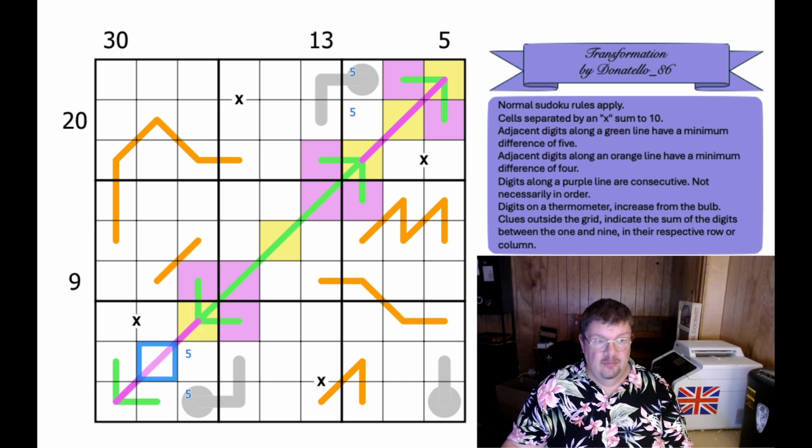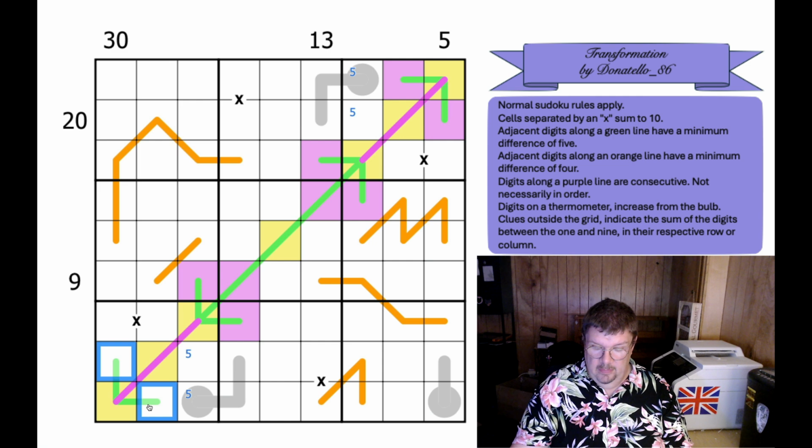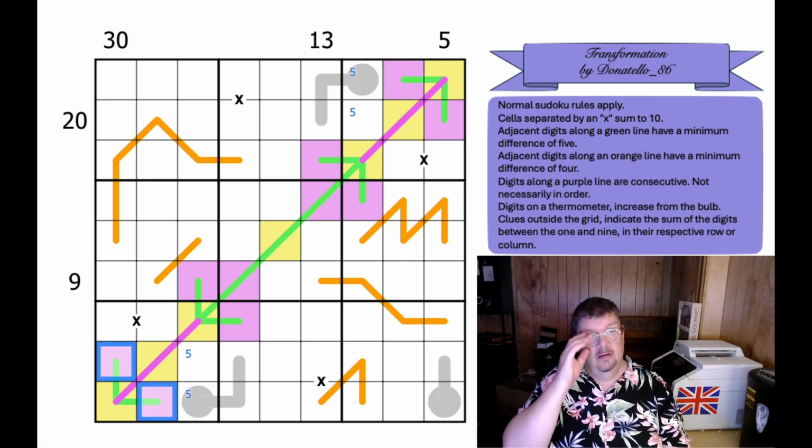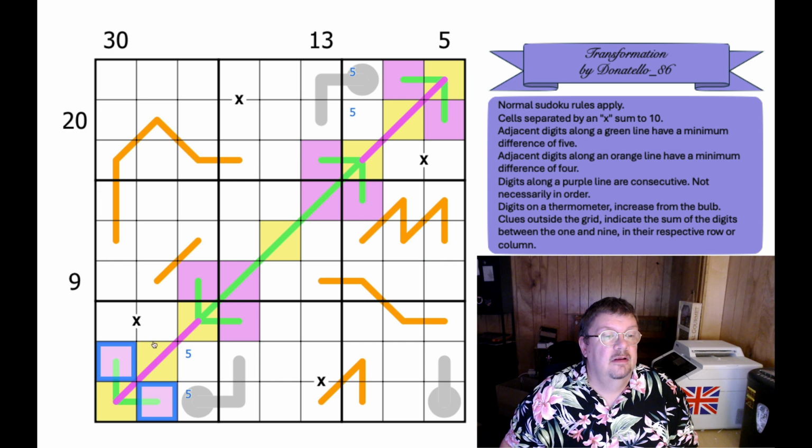So therefore that's not a 5. If I'm not going through the 5, I must be all the same colour, so those are also yellow. That's really, really nice. And so that makes those pink. Okay, that's a really nice start.